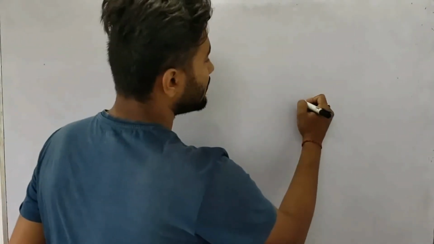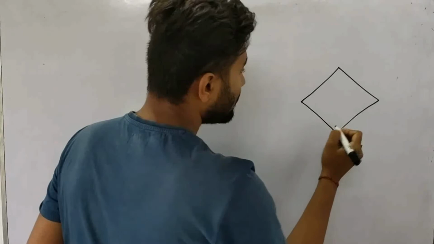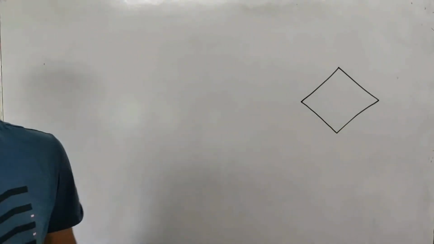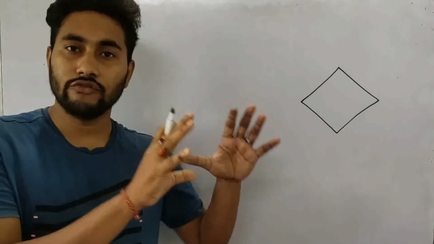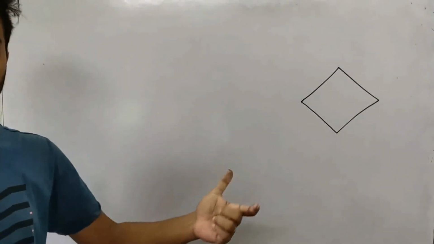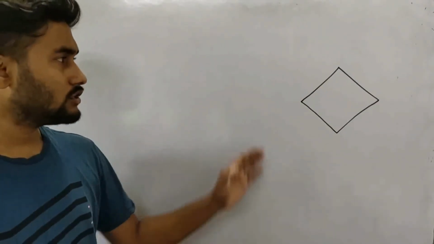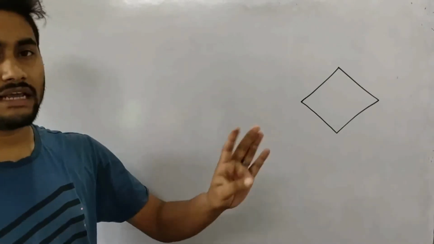So this is the quadrilateral. What is a quadrilateral? A quadrilateral is a figure that has four sides. Quad means four. In mobile phones also you have seen a quad core processor, meaning there are four cores in the processor. So quad means four, and quadrilateral means a figure that has four sides.